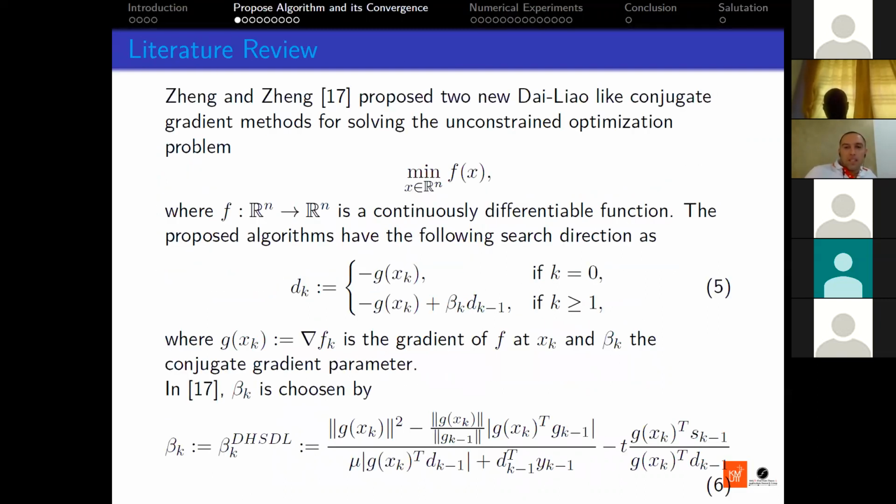Here you mentioned the unconstrained optimization problem of the minimum of f(x), right? F is from R^n into R, but what guarantees that this minimum exists? You know what I mean?